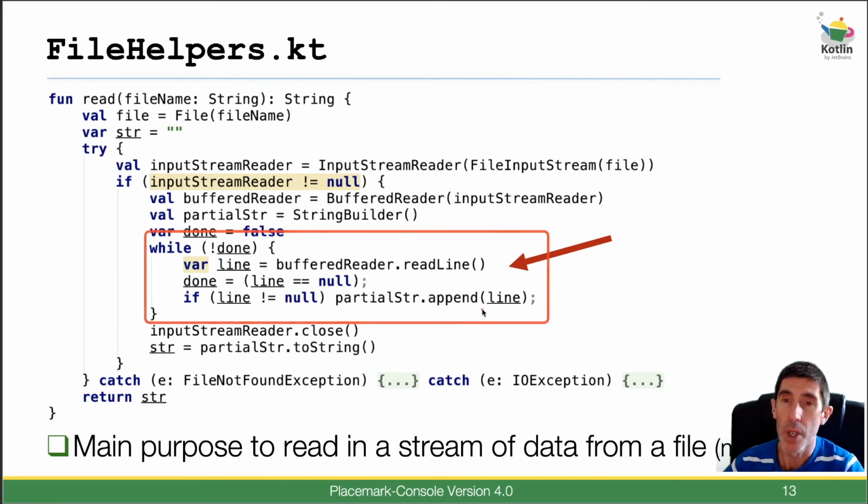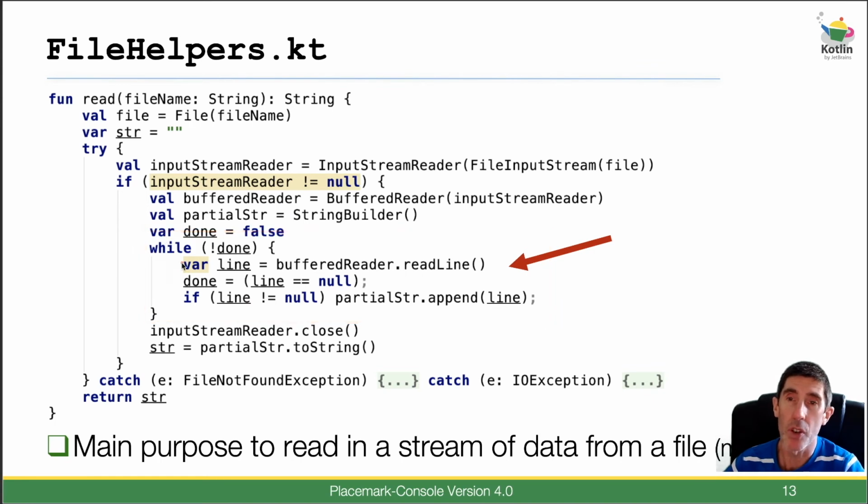Initially we set done to false, so while not done, through that buffered reader we read in one line at a time. That's the way this works; I can only read one line at a time. And if that line is not null, we have our partial string append that particular line. So we're reading up the whole data from the file line by line.